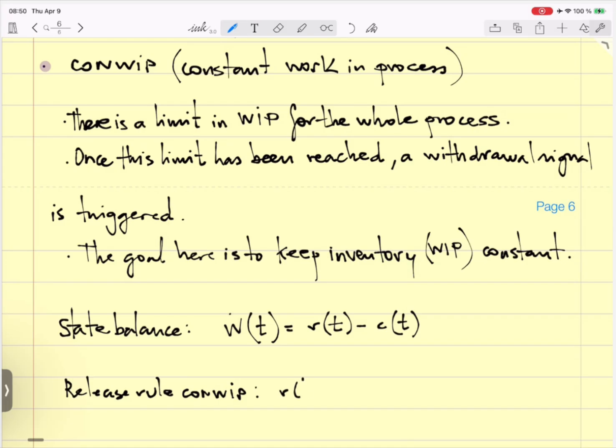R of t equals the completion plus some proportional target minus actual value. Okay, again, a linear matter.